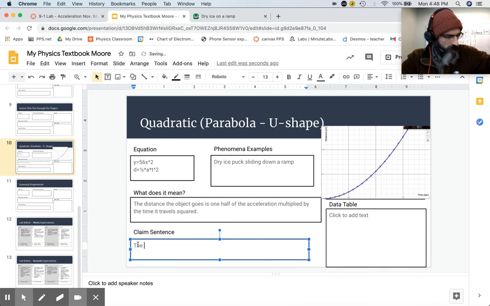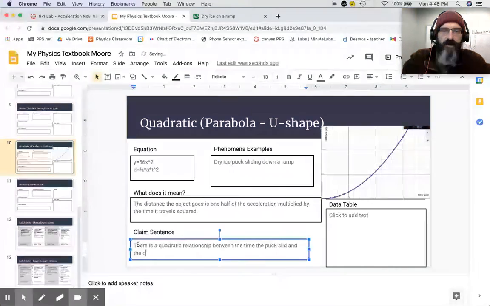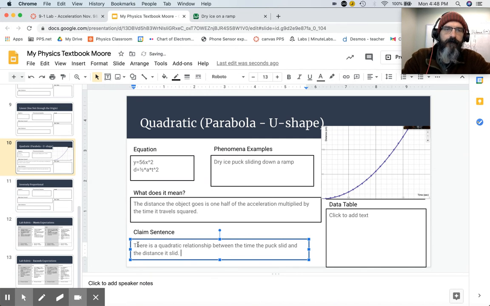So I'm going to say there is a quadratic, how do I spell quadratic, relationship between the time and, well, I'll make it for the specific case of our lab, between the time the puck slid and the distance it slid. There we go. That is our claim sentence.